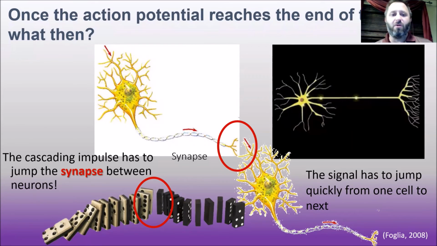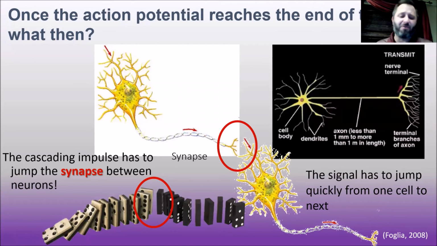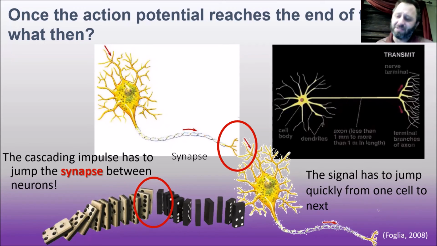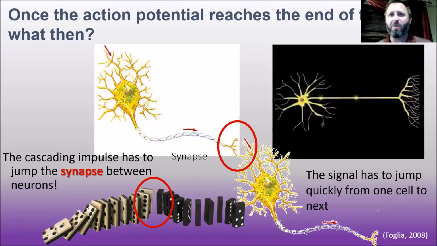So once an action potential reaches the end of that axon, then what? It then hops to the next dendrite and travels down, ultimately to the very end, either communicating back with the nervous system, or delivering a message to the muscle, one way or another, depending on which direction that message is traveling.